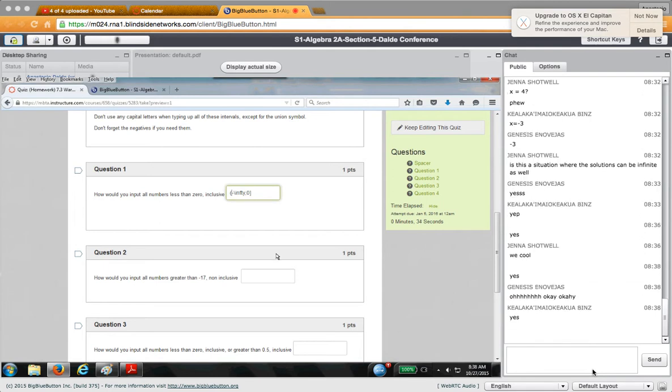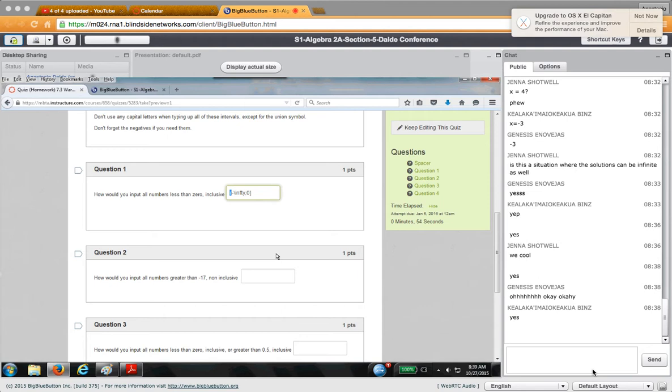One thing that I want to highlight here is, see that first thing right there, the parentheses? Why did I put a parentheses around the infinity? And the answer is, that parentheses is for when you have a number where it doesn't include that number.